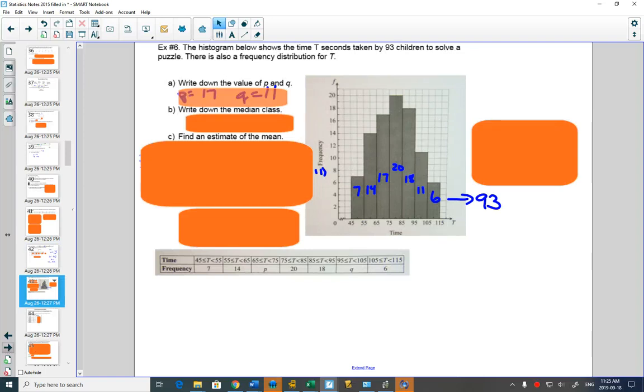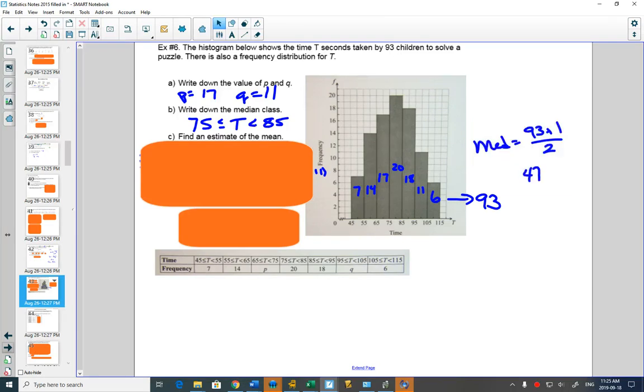Here we can have a bit of a check: write down the values of P and Q, write down the median class. The median class goes from 75 to 85. What you're looking for is the 47th person, because there's 93 people, plus 1, divided by 2, is the 47th person. If you add as you go, 7, 14, 21, plus 17 makes 38, plus 20 makes 58.